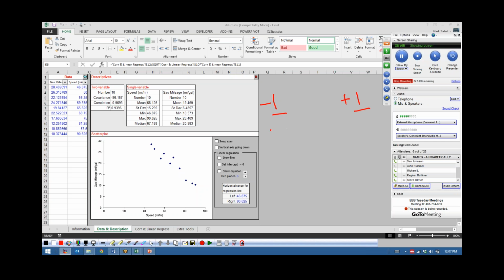So -1 means strong negative relationship. This, for example, is going to be close to -1, as we'll see in a moment, because it's got a very strong negative relationship. +1 means strong positive, and 0 essentially means no relationship.